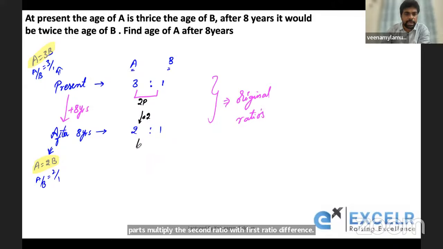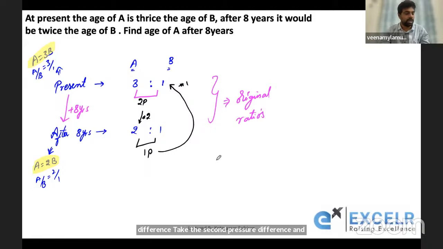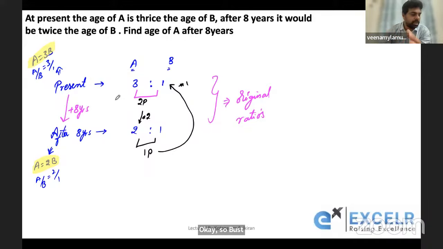Take the first ratio difference and multiply it to the second ratio. Take the second ratio difference and multiply it to the first ratio. Then you'll get the original ratios.